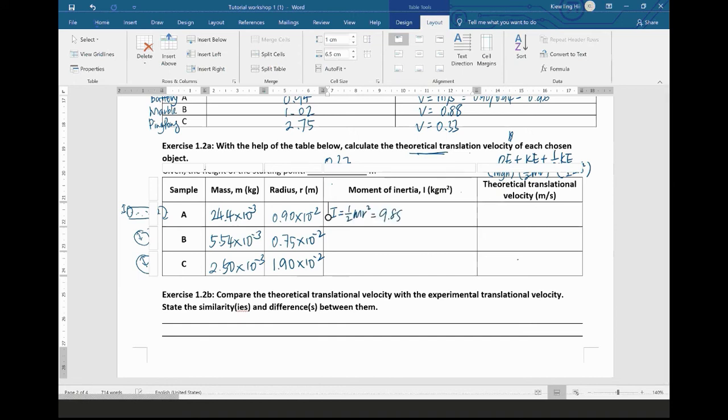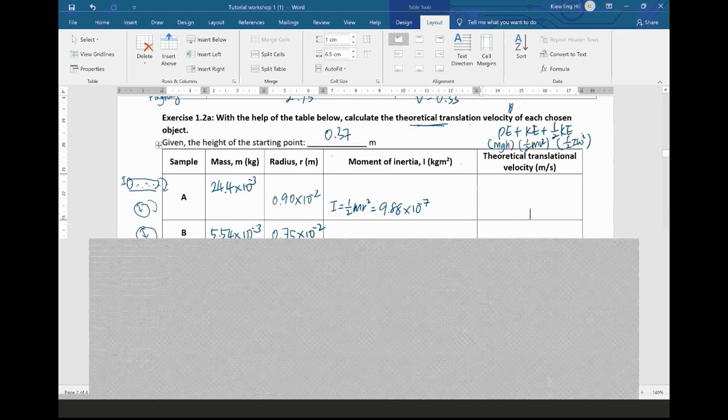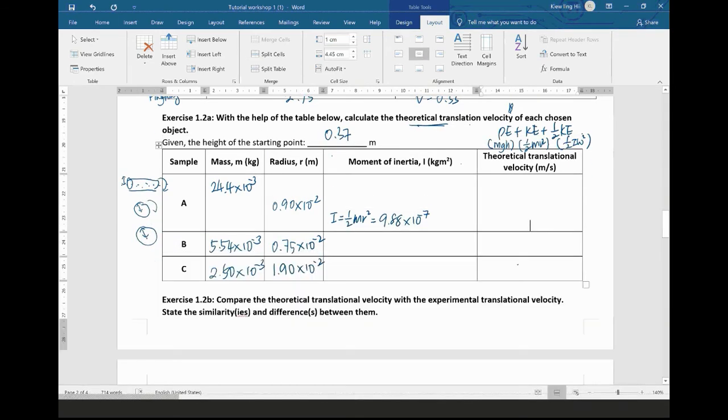In order for you to find the velocity, use the mechanical energy. At the initial point on the top of the ramp, you have only potential energy, isn't it?